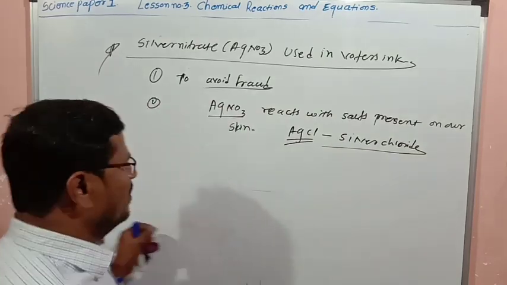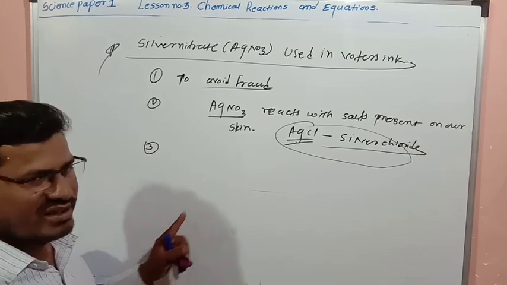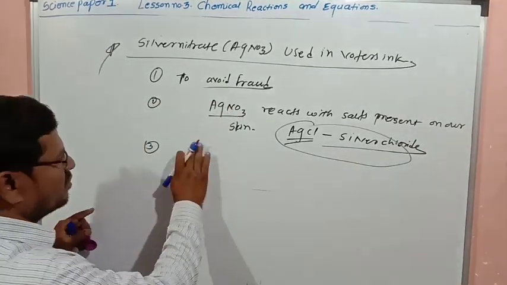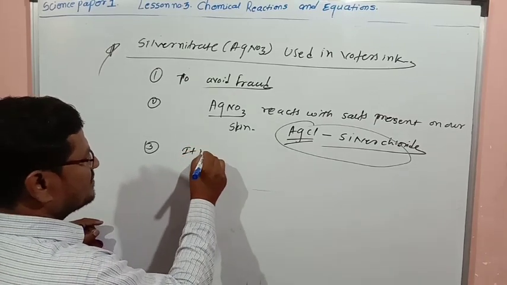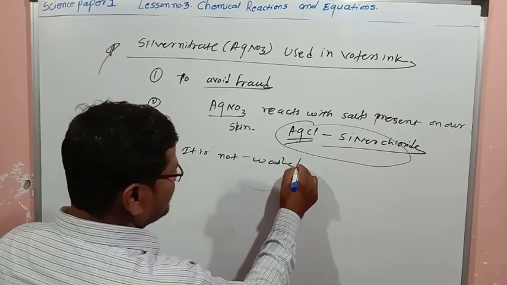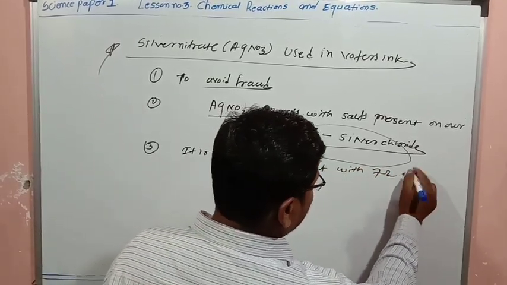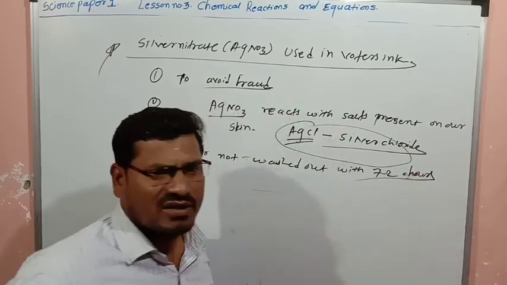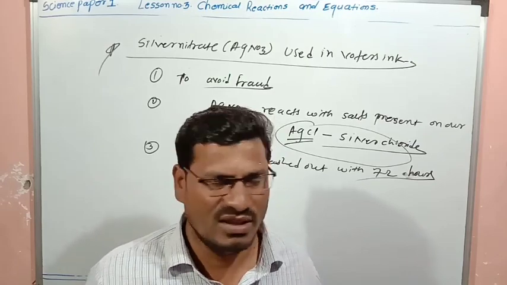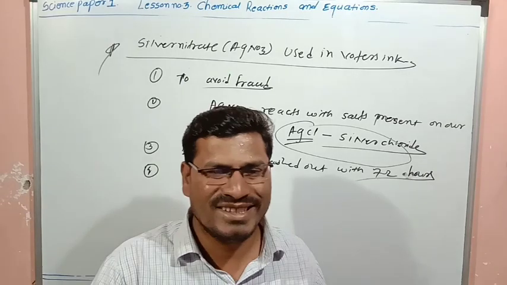The third thing, this layer of silver chloride along with ink will give a brownish color to the skin and it will not be removed. It is not washed out within 72 hours. If you wash it anyhow, it is not removed within 72 hours. Then the fourth point is that it is removed along with the skin.